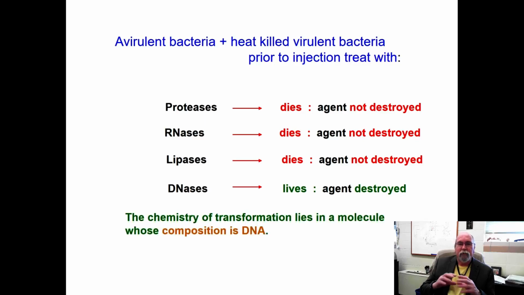So their conclusion was that the chemistry of transformation lies in a molecule whose composition is DNA, nucleic acids. Beautiful set of experiments, well done. Finally put the nail in the coffin. Whatever's doing all this transformation directly involves DNA.